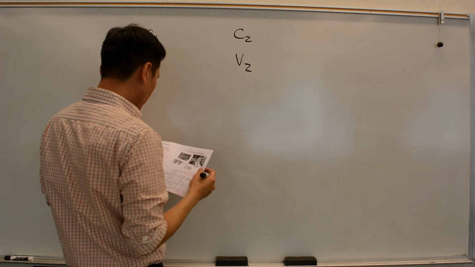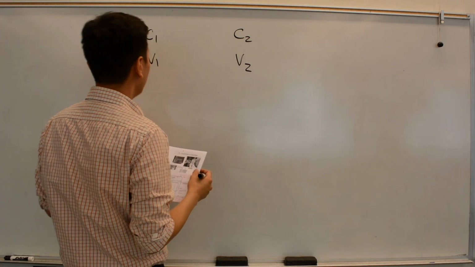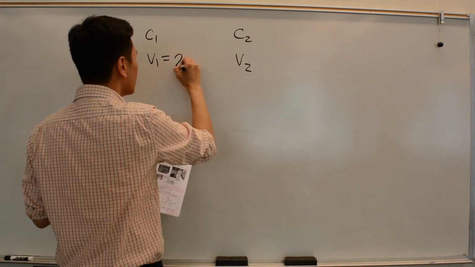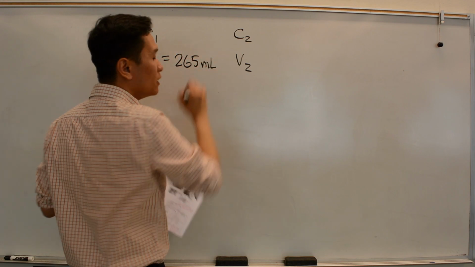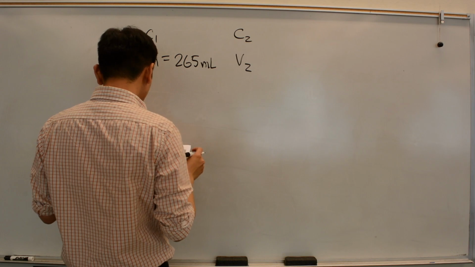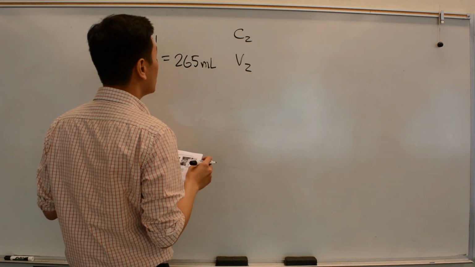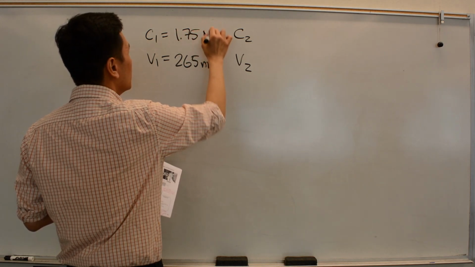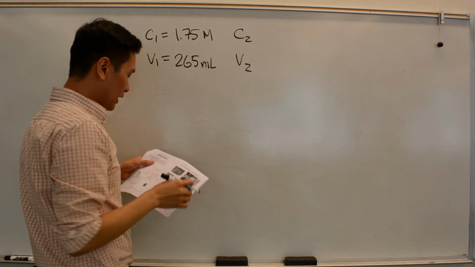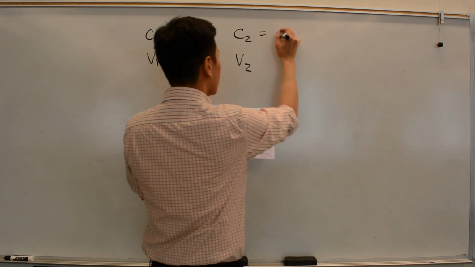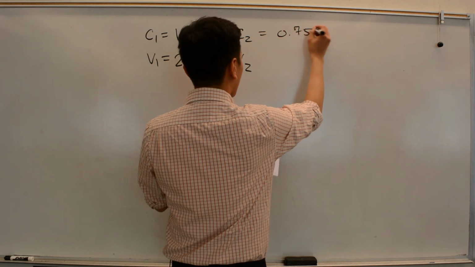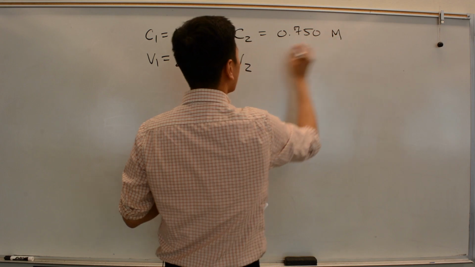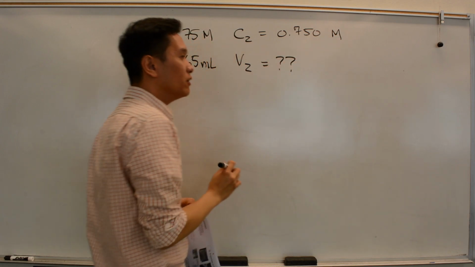How many milliliters of water must be added to 265 ml? So that must be my original volume of a 1.75 molar HCl. So that must be my original concentration. To dilute it to a new concentration, which is 0.750 molar. Alright, so this is what we don't know.